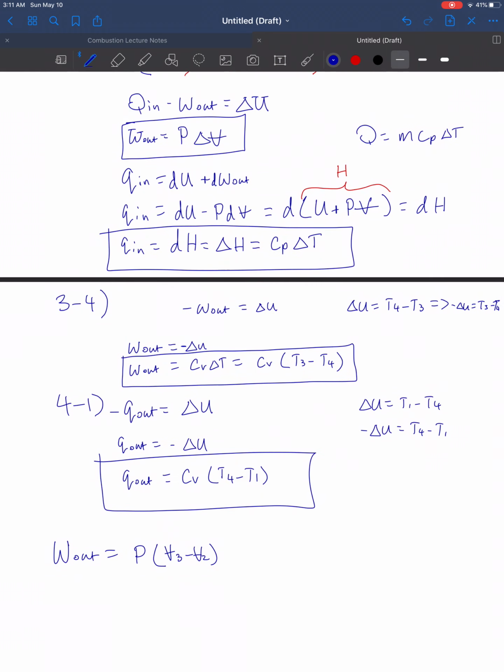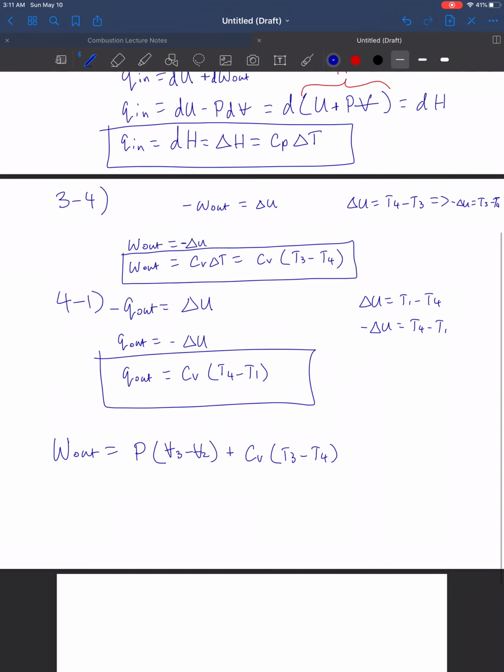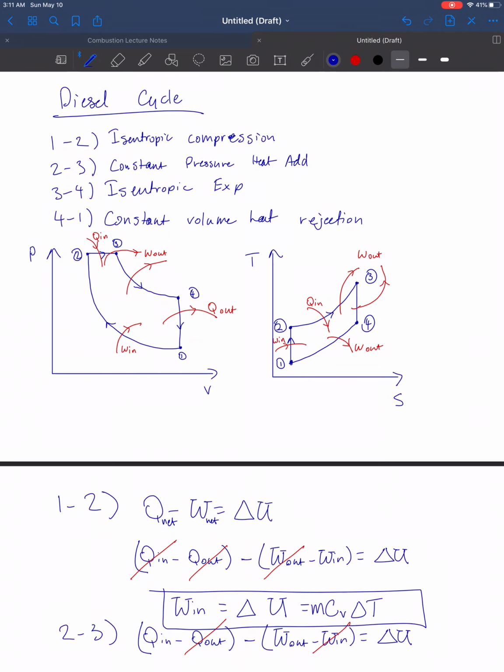So that's going to be a positive number, and that's going to be plus what? CV T3 minus T4, right? And what I want you to find is that, since we have a cycle here, our Q net is going to be equal to our work net, okay?